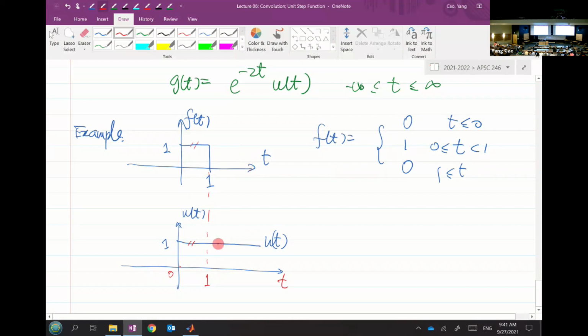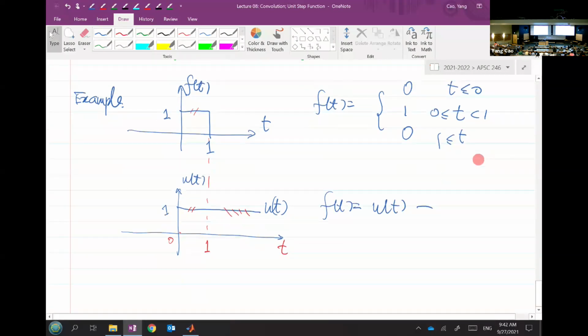So the question is, how can I get rid of this part? I guess you could already have some ideas. f of t must be u of t minus something. So what should it minus? Graphically, if I want to take this portion away, this portion is 1.